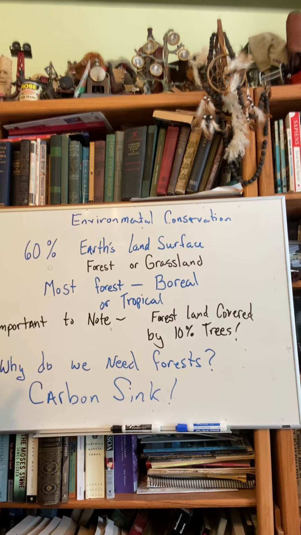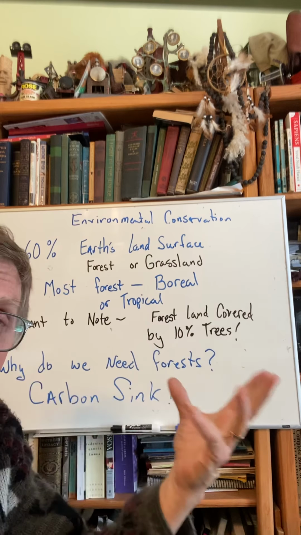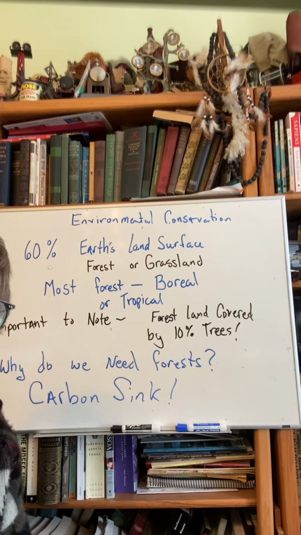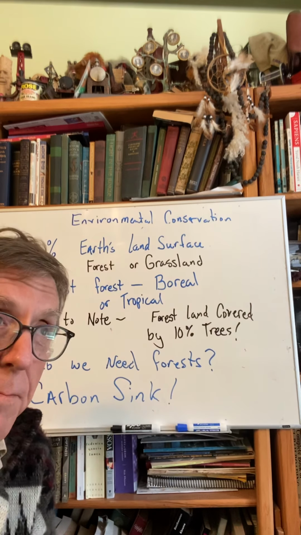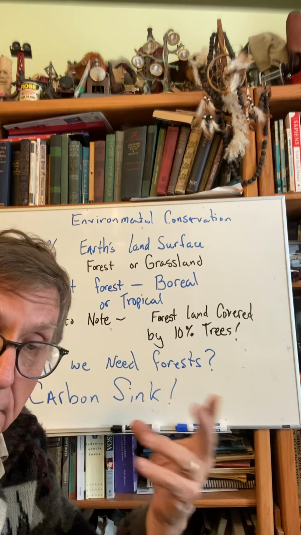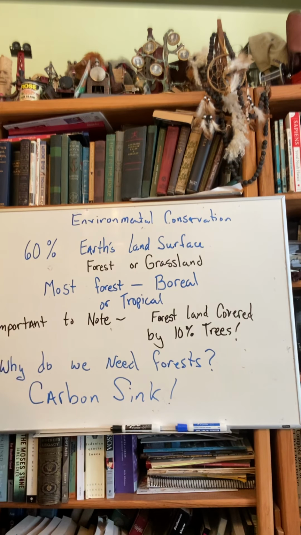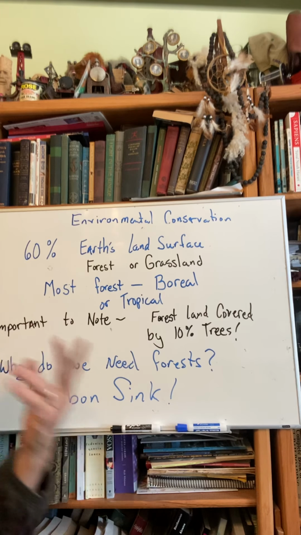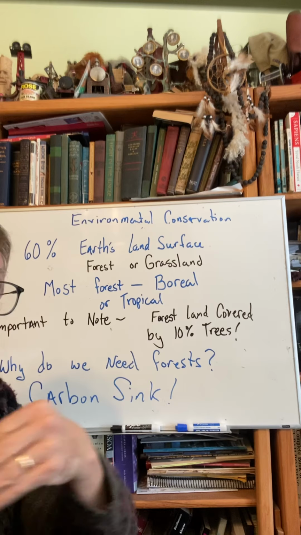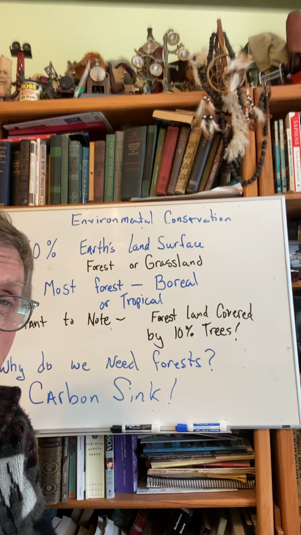But when you really start analyzing it, what you realize is that this is mostly in boreal forest, like in central Russia, in very inhospitable areas, or in tropical rainforest where there isn't a whole lot of demand from people who want to live there because it rains literally every day. So we do have a lot of forest, but it's not as if it's evenly distributed across the surface of the earth.